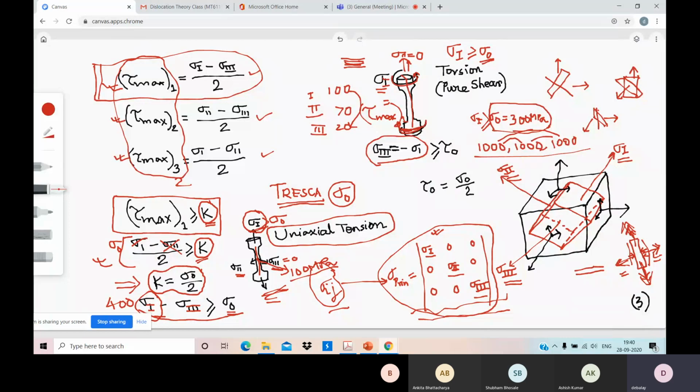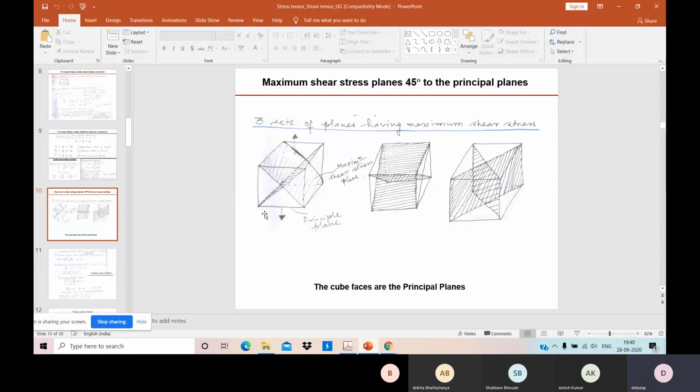If there is a hydrostatic tension from all sides, or internal pressure is pushing you, there may be a little bit of expansion. So hydrostatic stress leads to volume change, and difference in principal stress leads to permanent shape change.